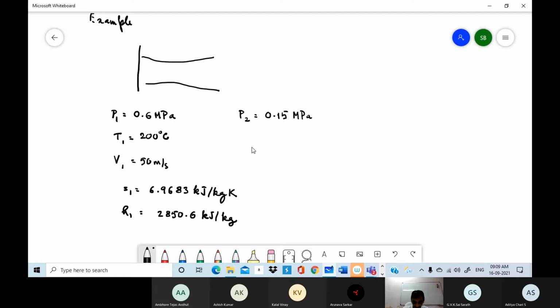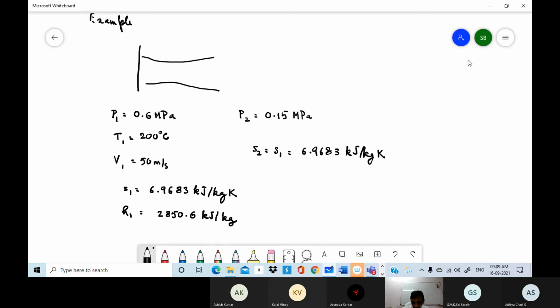Therefore S2 equals S1. We know that two coordinates uniquely specify a thermodynamic state. So this pressure together with this entropy specifies the thermodynamic state.